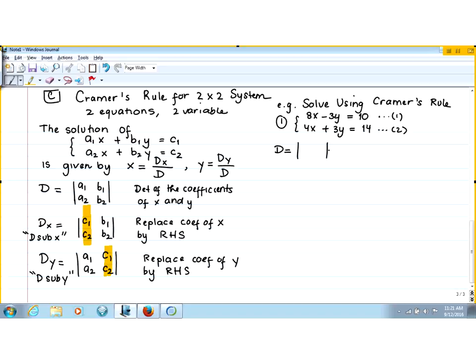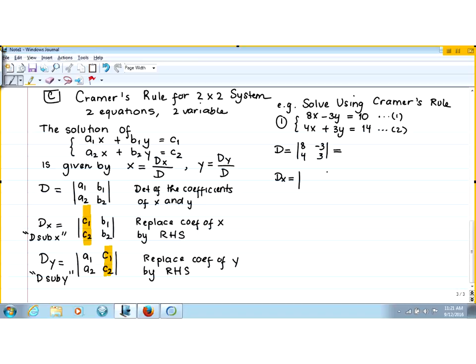Okay. What is d in this case? 8, 4, negative 3, positive 3. You're totally right.